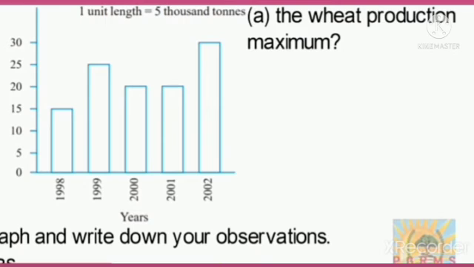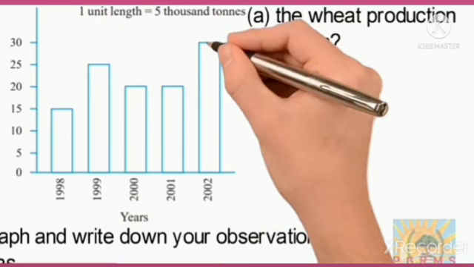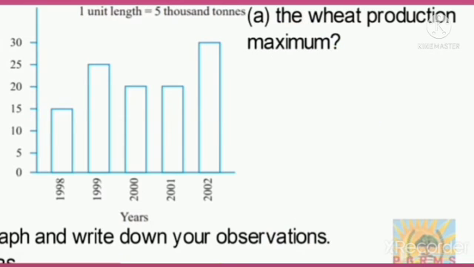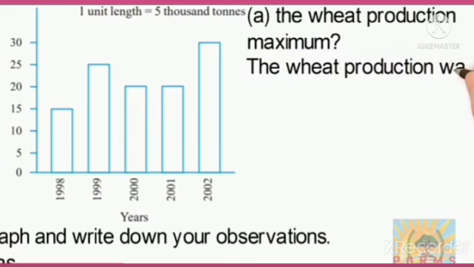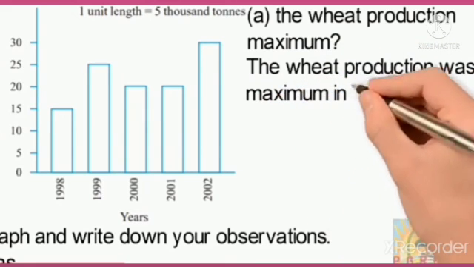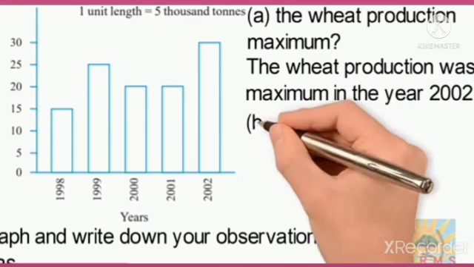So by observing this graph we will see that in 2002 the wheat production is 30,000 tons. So we will write the answer, the wheat production was maximum in the year 2002.